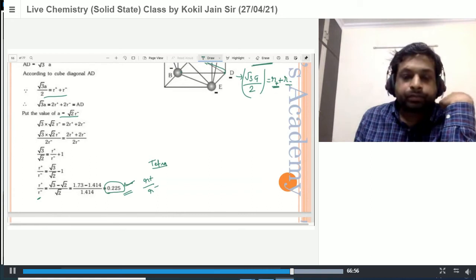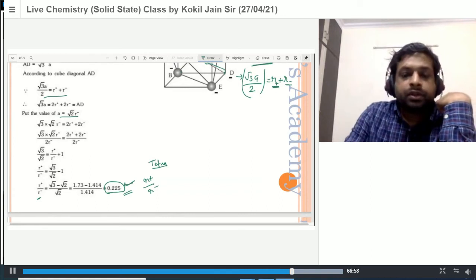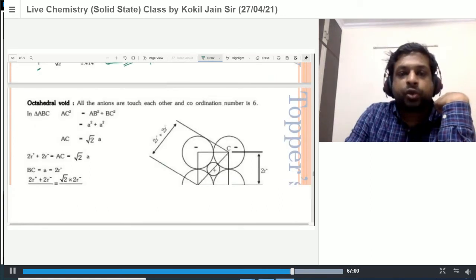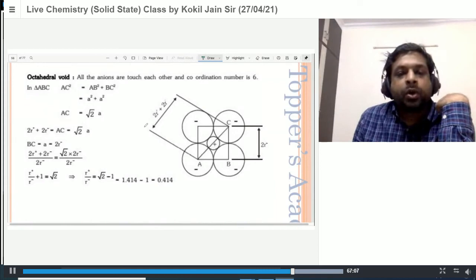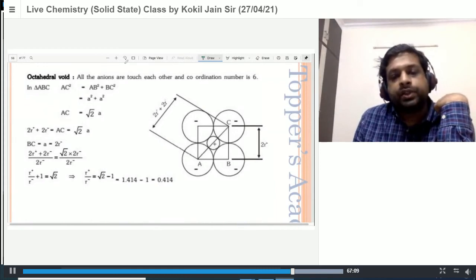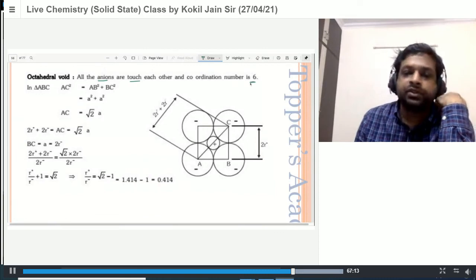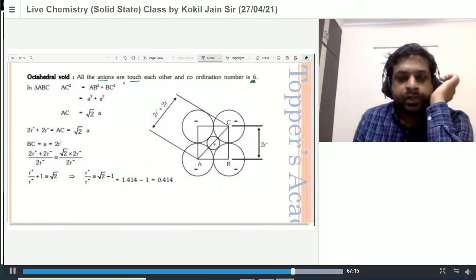Now let's see the octahedral void here. In case of octahedral void, all the anions are going to touch each other. Coordination number is 6 here, as we saw earlier.